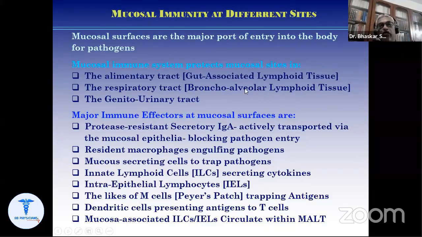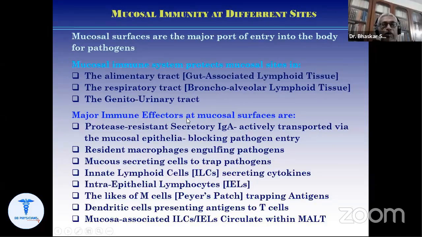But we need to remember that in a human, it is not active inherently as in other animals. So we have IBALT, so that when, for example, we get Mycobacterium tuberculosis invasion, that Mycobacterium tuberculosis induces BALT, so we call it IBALT, and then the genitourinary tract.